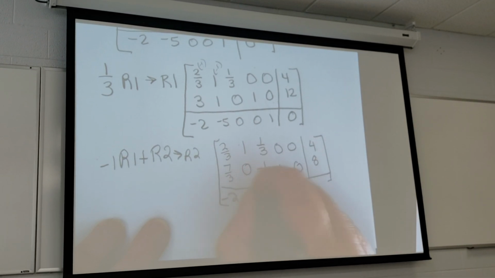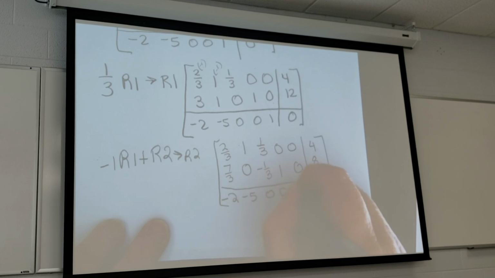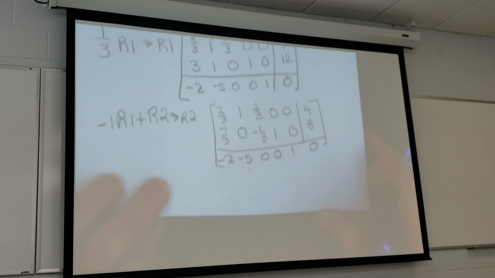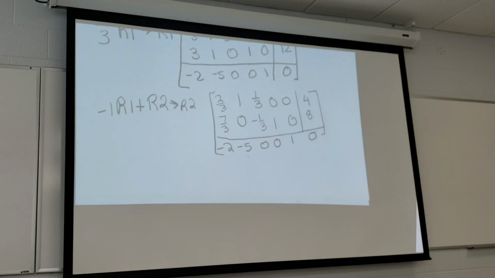We have one more to do. That is to make this -5 a 0. So, what can I add to -5 to make a 0? 5, so I'm gonna take 5 times row 1 plus row 3 gives you a new row 3.